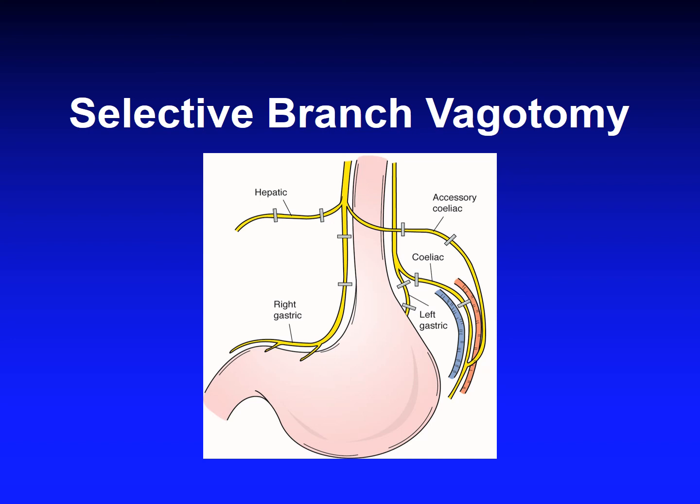Selective branch vagotomy is one of the treatment options for gastritis or ulcer due to hyperacidity, because acid secretion is partially mediated by the vagus nerve. So cutting that branch of the vagus may reduce acid secretion and as a result will decrease the ulcer or the inflammation of the stomach.